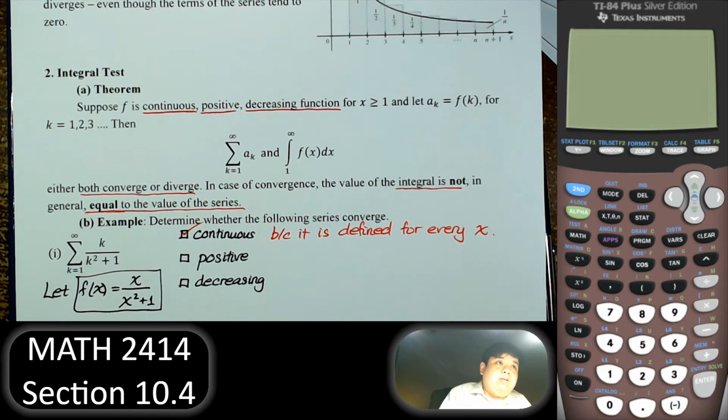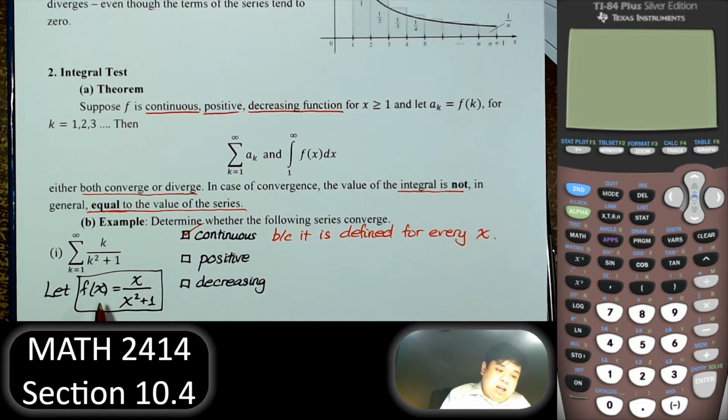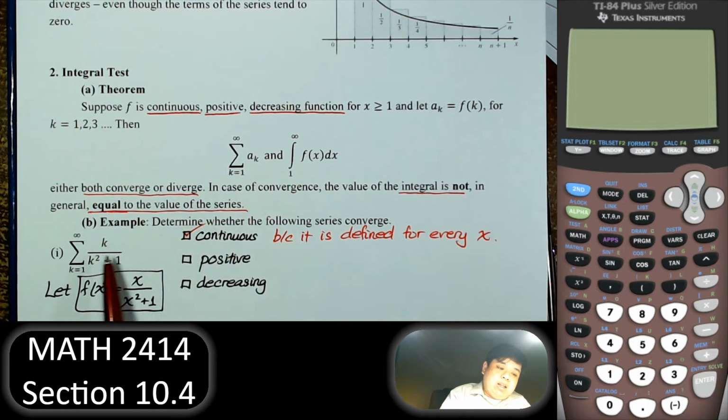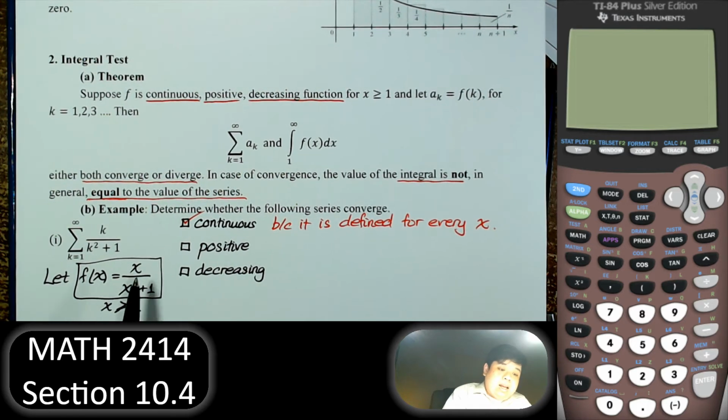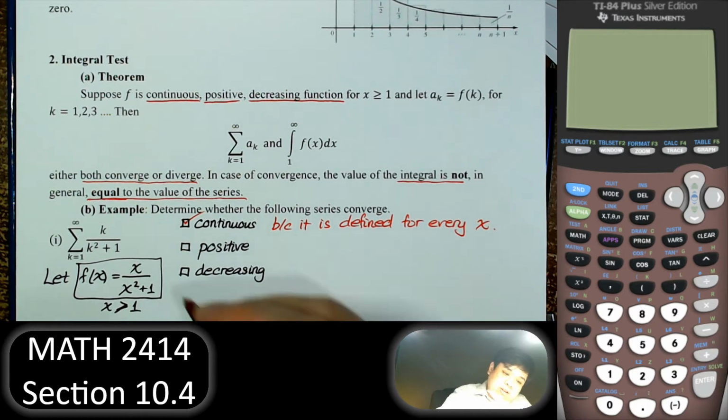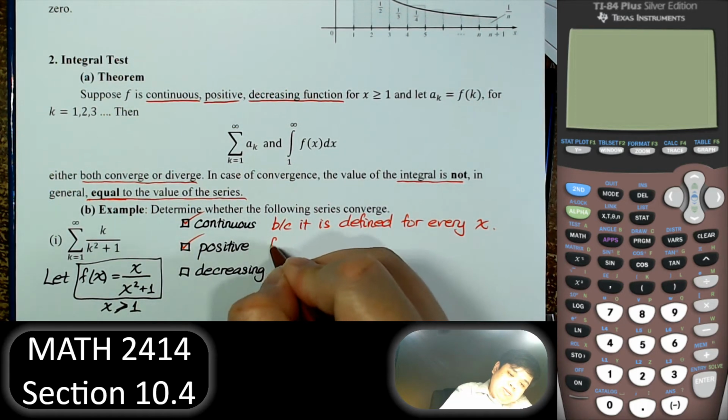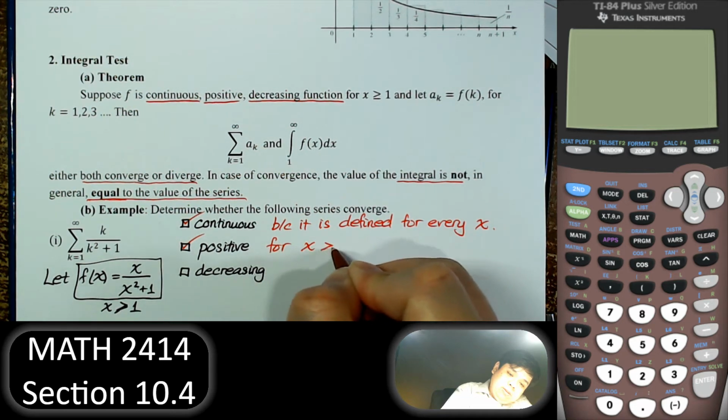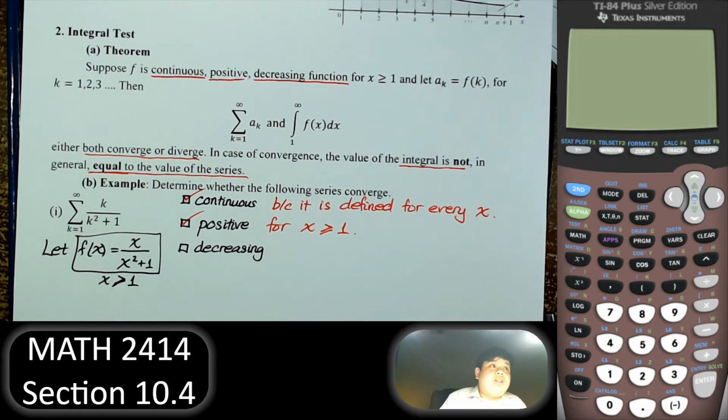Is that positive? Definitely, because in this case we would talk about the series. So let x be from 1 to infinity. If x is greater than or equal to 1, then that's certainly positive. So the second one, check.